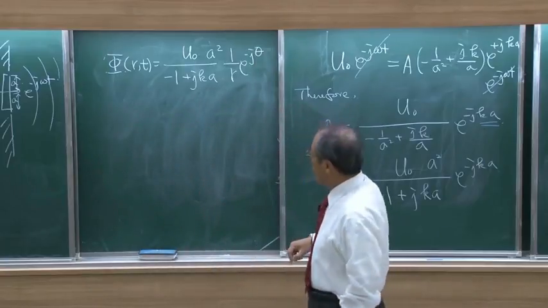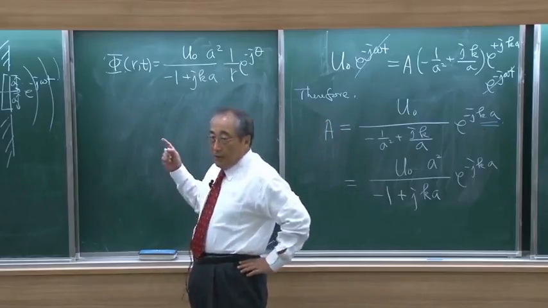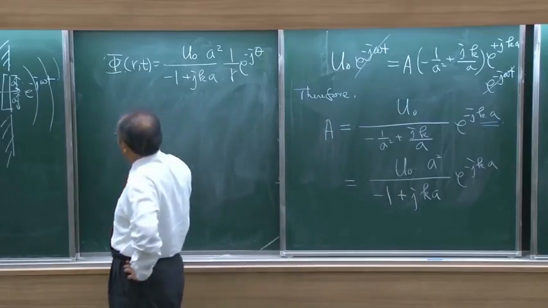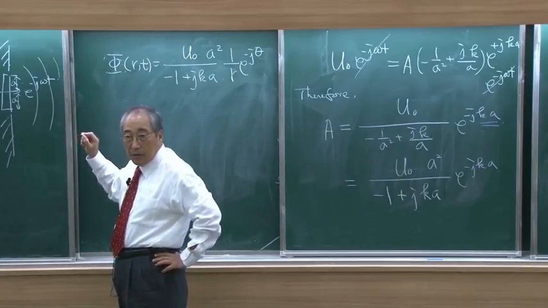Okay, that is the velocity potential. Because we have the velocity potential, we can obtain pressure and the velocity.